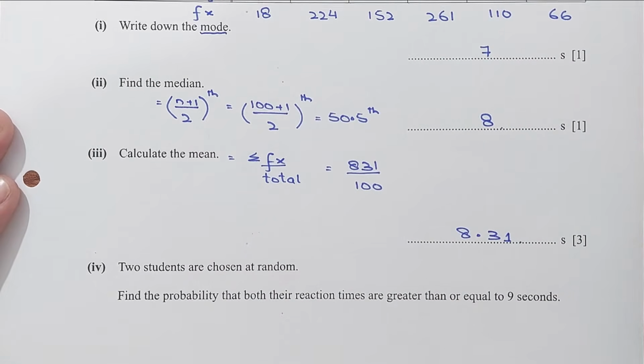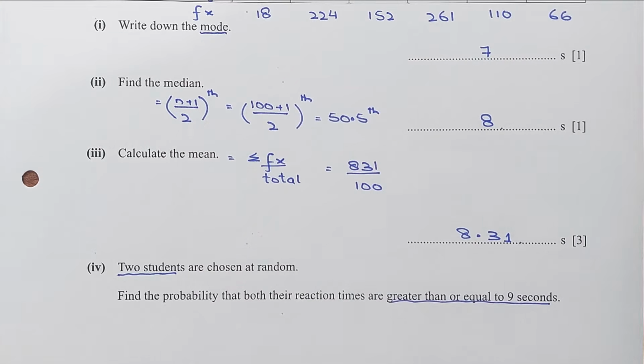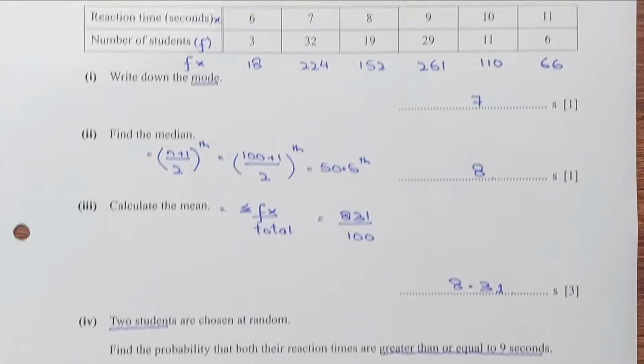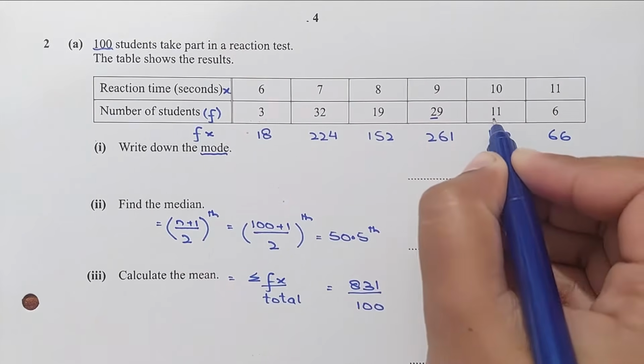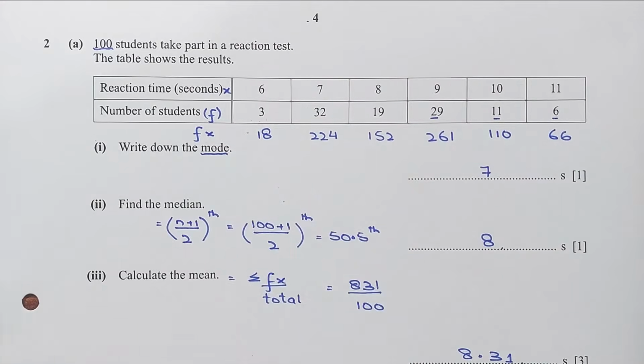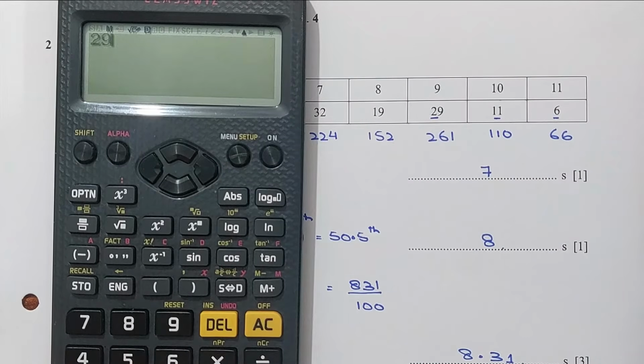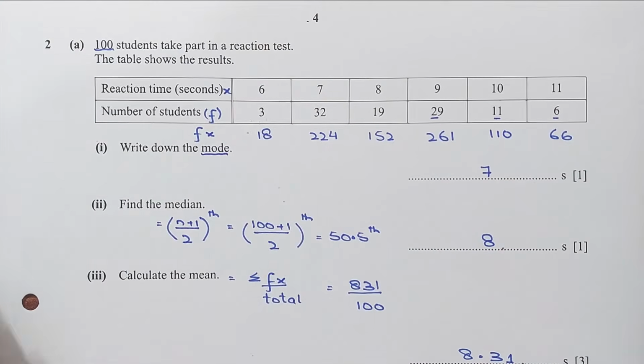Now for the fourth part, 2 students are chosen at random out of 100 students. Find the probability that both their reaction times are greater than or equal to 9 seconds. The frequencies for 9 seconds and above are 29, 11, and 6. So let me add them up: 29 plus 11 plus 6. This is 46, right?